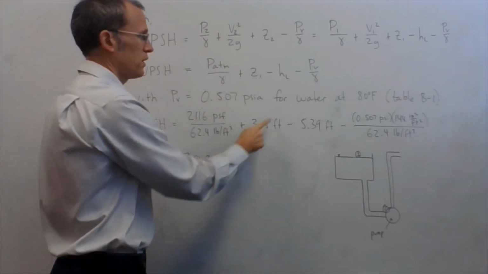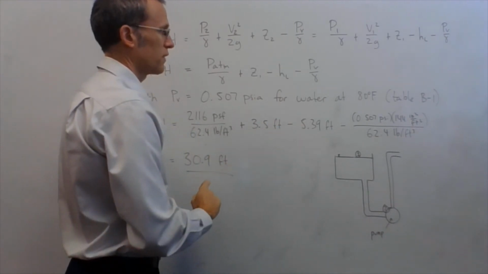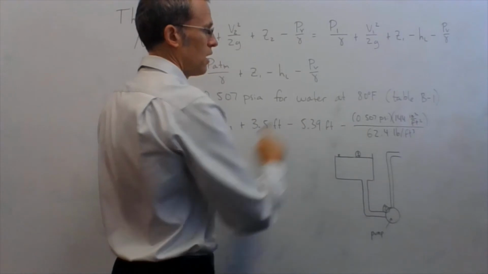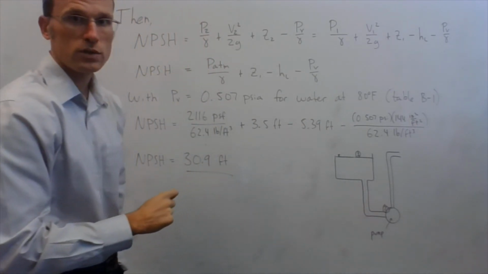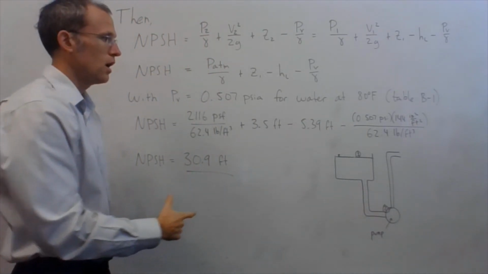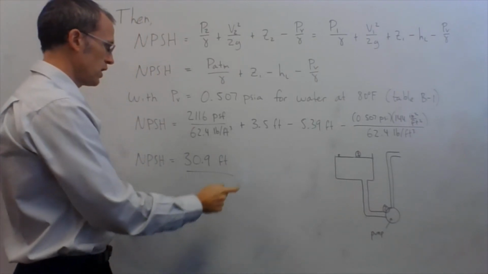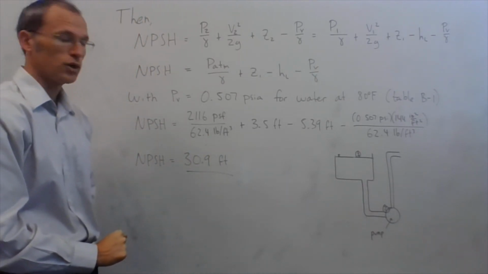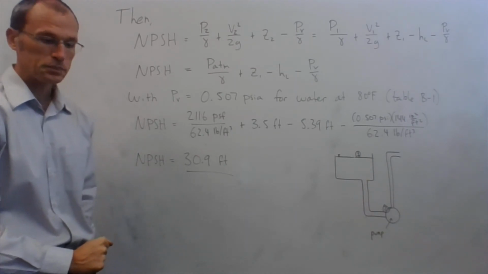Z1 was 3.5 feet, head loss 5.39 feet, and then my vapor pressure, 0.507 psi. I want to multiply that by 144 to make sure that's in psf, and again divide by 62.4. Grand total net positive suction head, NPSH, of 30.9 feet for this situation.